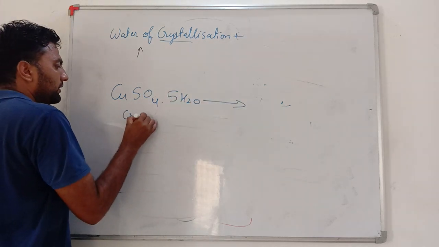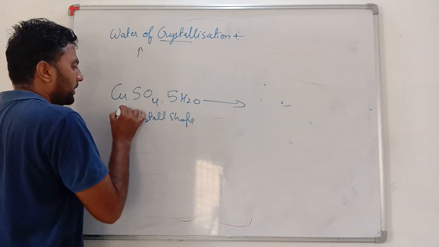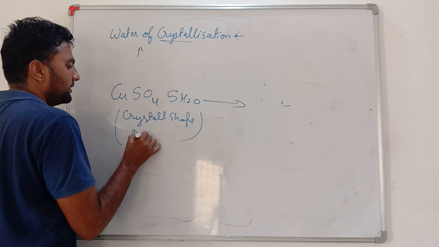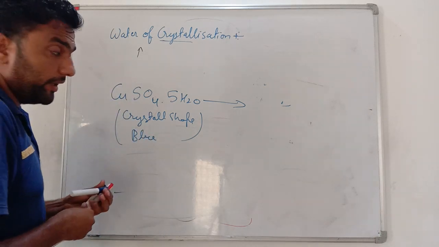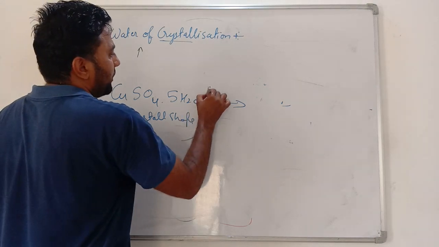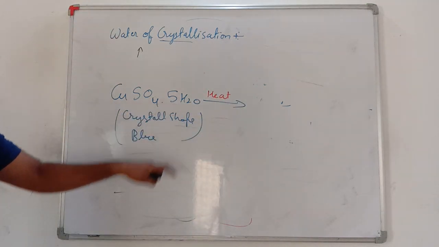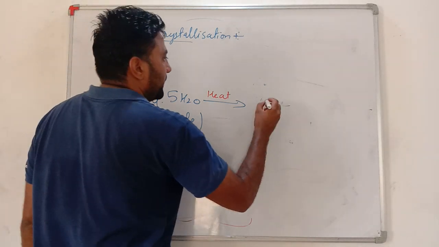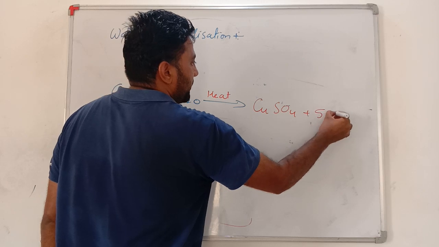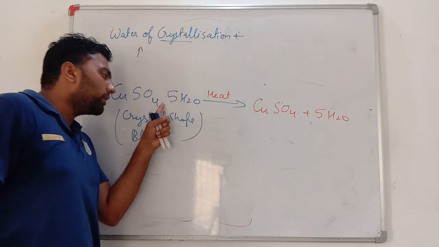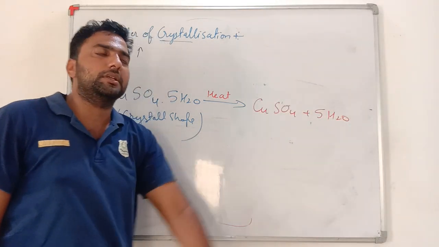This has a crystal shape and this is a blue salt. If we heat it a lot, this water of crystallization escapes and we get CuSO4 plus 5H2O, not dot H2O. Here it is part of the shape, here it has now escaped from the structure.